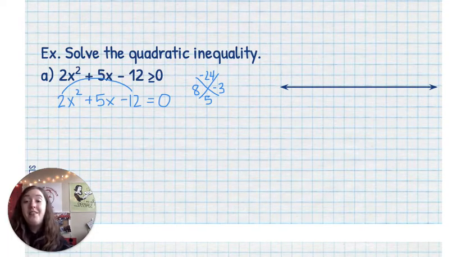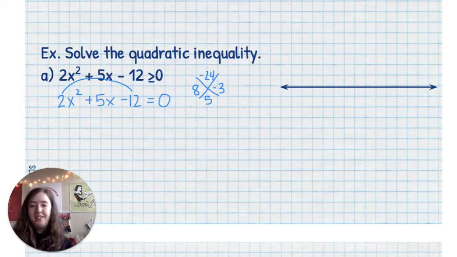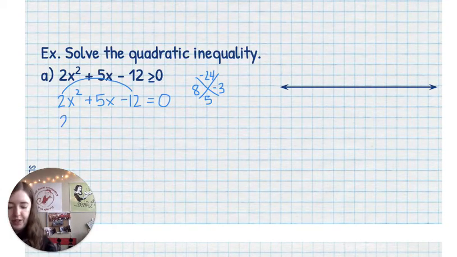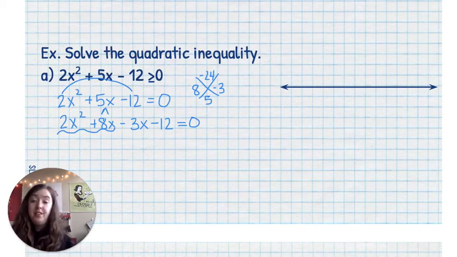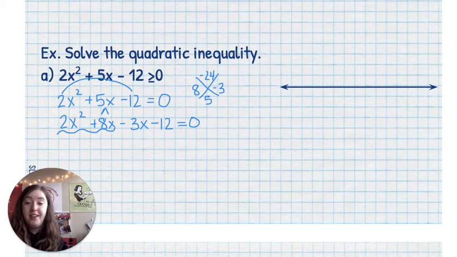Since our a value is not 1, we can't just put x plus 8, x minus 3. We're actually going to have to split the middle term. So we'll split that 5x into a positive 8x minus 3x minus 12. Take the greatest common factor of those first two terms. The greatest common factor of 2x squared and 8x is 2x.